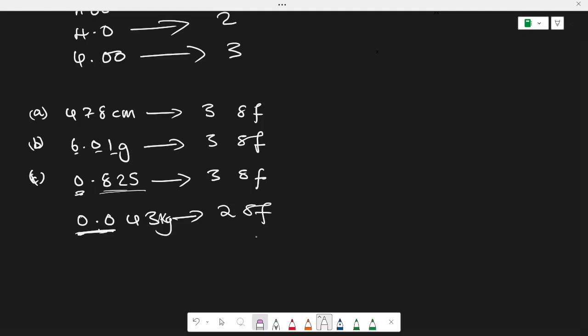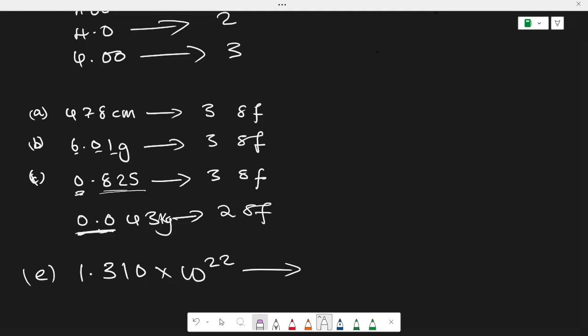So which other example can we look at? Okay, let's say you had 1.310 times 10 to the power 22. How many significant figures does this have?